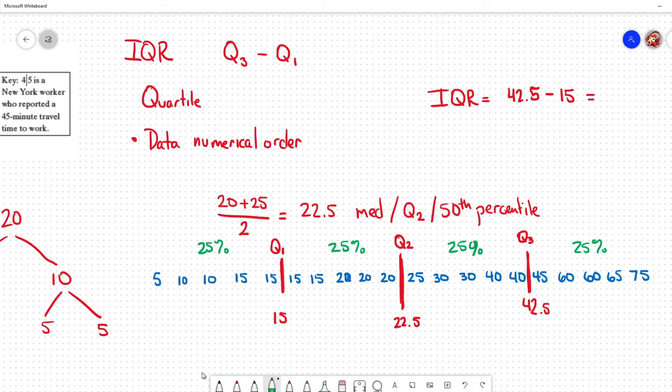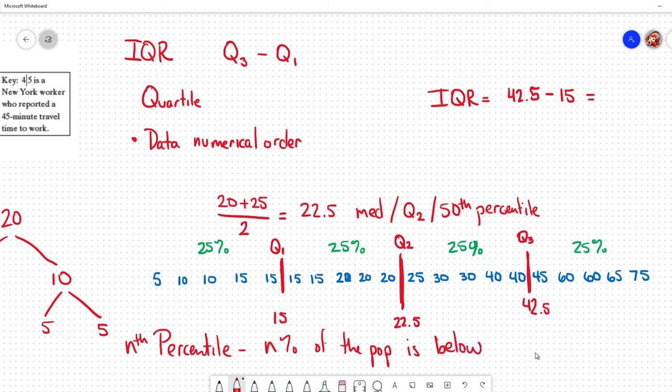Now, as I said in the previous video, the nth percentile is defined as: n% of the population is below your value.